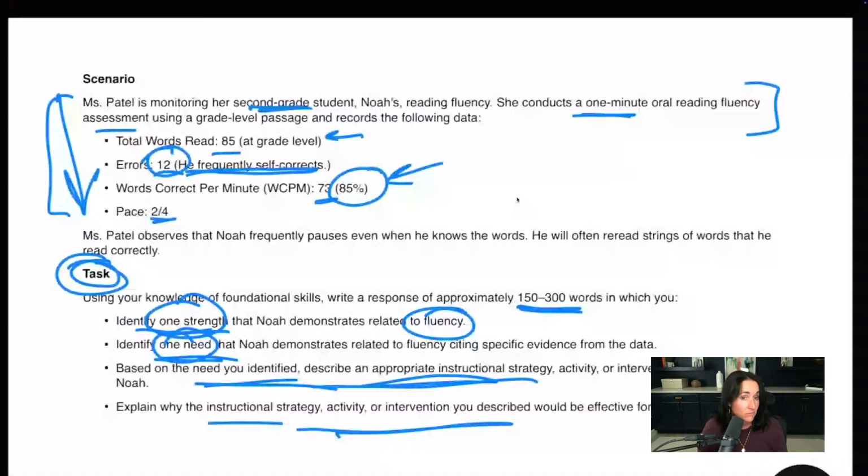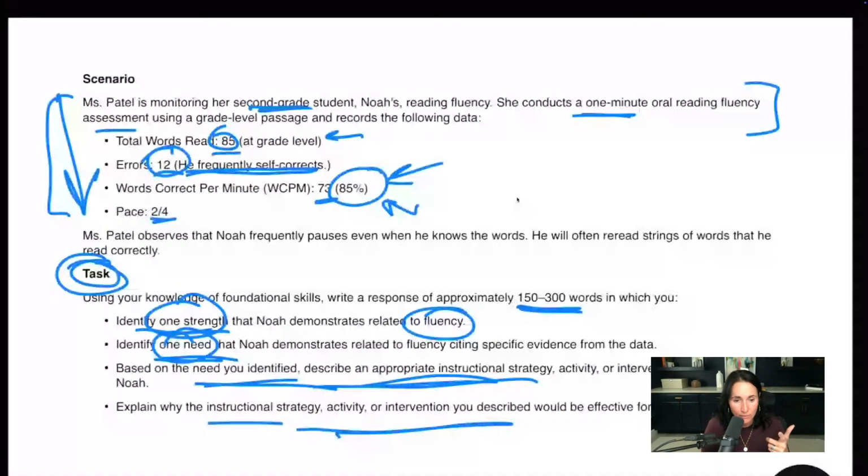Okay, so that's good. That could be a strength. He self-corrects. He knows he's doing it wrong and he goes in and self-corrects it. Okay. But we're lacking a little bit in the automaticity. This could impact comprehension, so we want to fix that up. Okay. So right away, I already have the strength. He frequently self-corrects and he's reading it, but he's low on his accuracy and his pace is low.